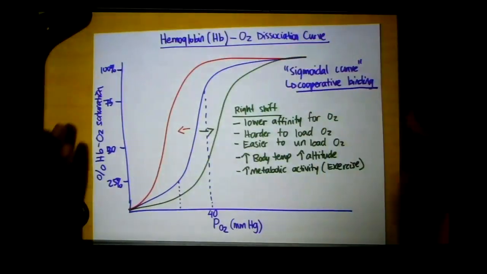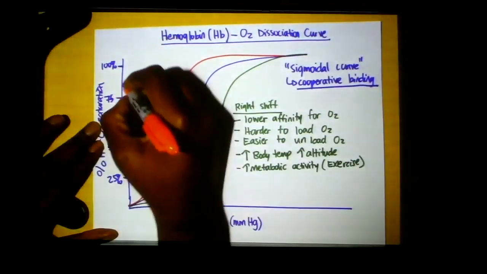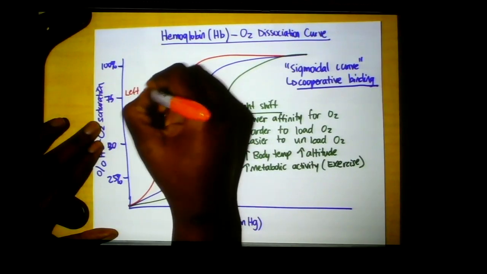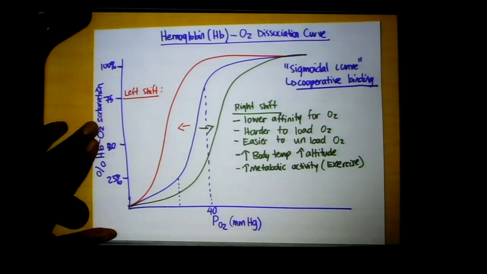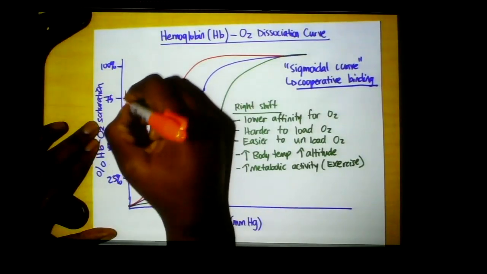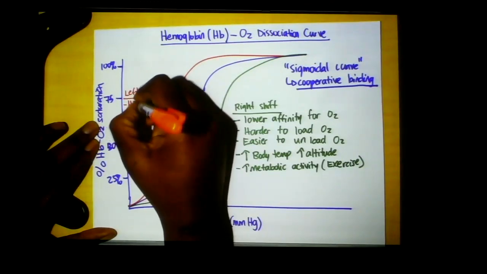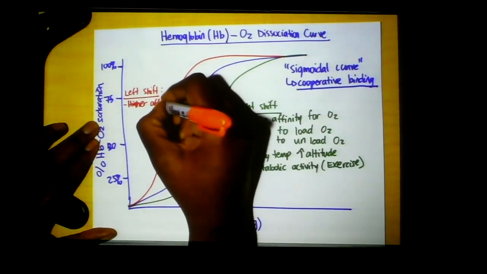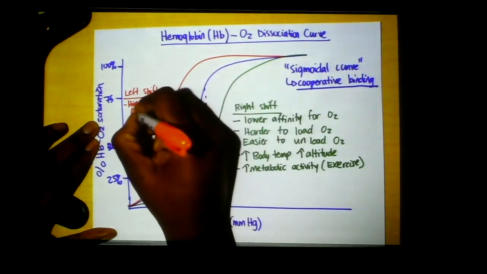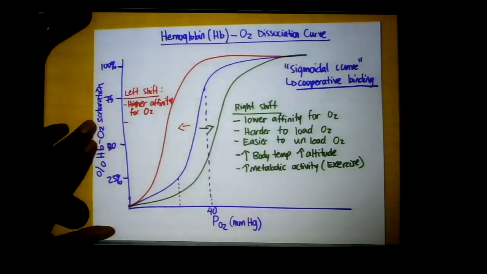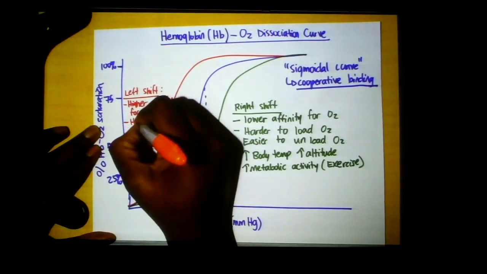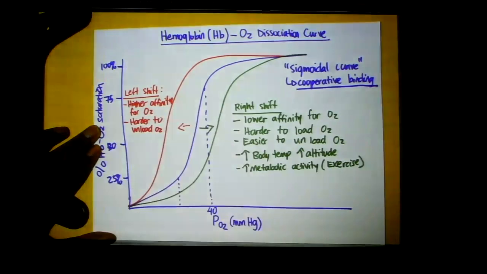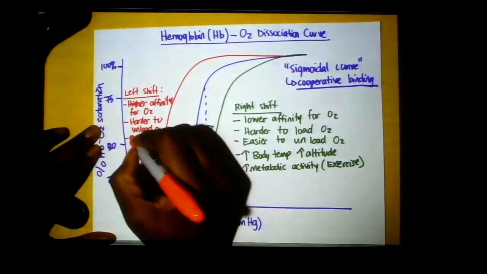Now, when the curve shifts to the left, we've got the opposite scenario. So a left shift, we have a higher affinity for oxygen, meaning that it is harder to unload oxygen, and it's going to be easier to load oxygen because of that increased affinity.